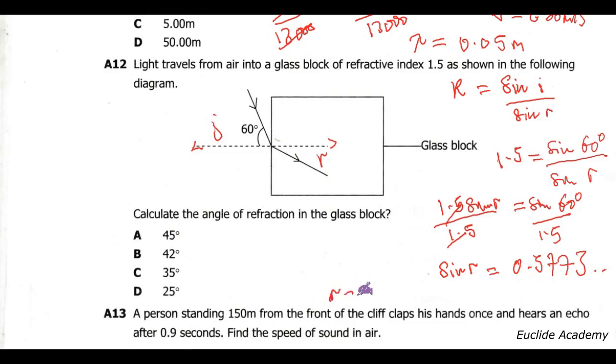We say R is the sine inverse of 0.5773. So this gives us something like R is equal to 35.2 degrees, depending on how many decimal places you went. I just went with 4. So R should be 35. So it goes C.